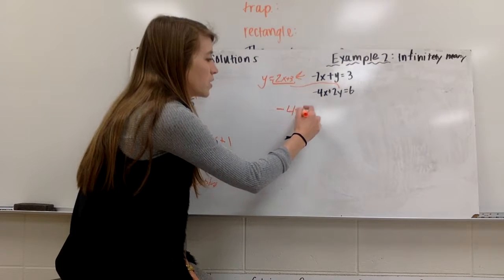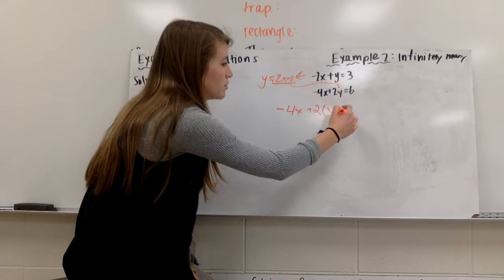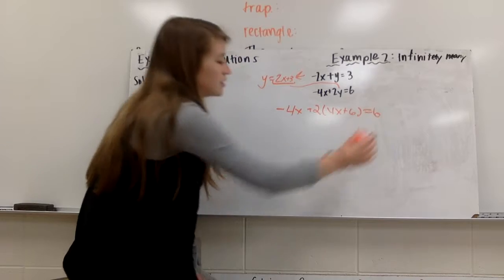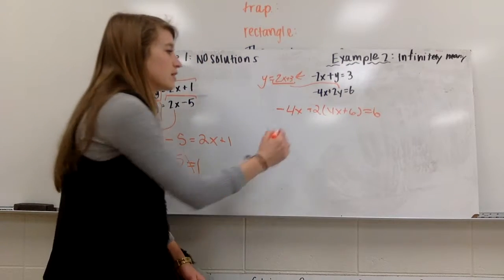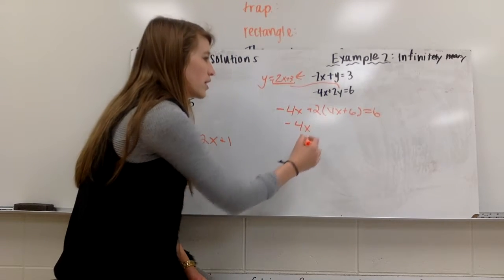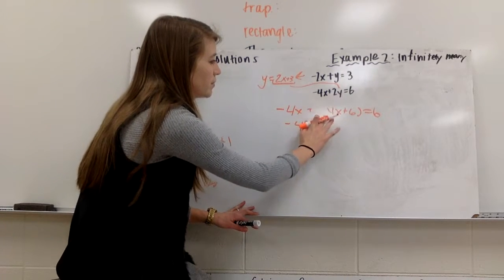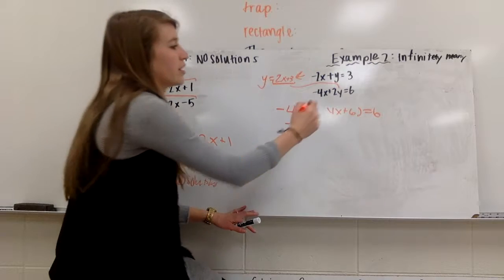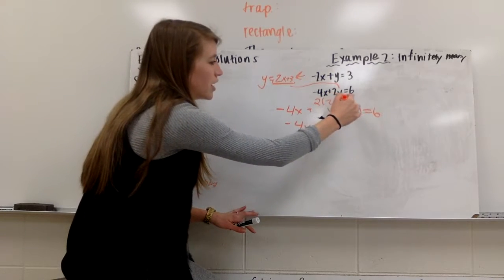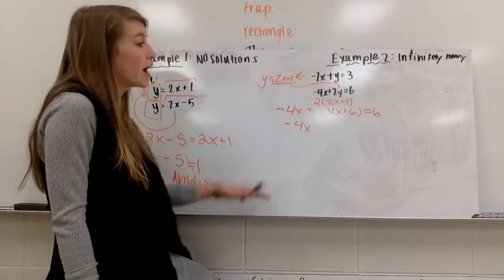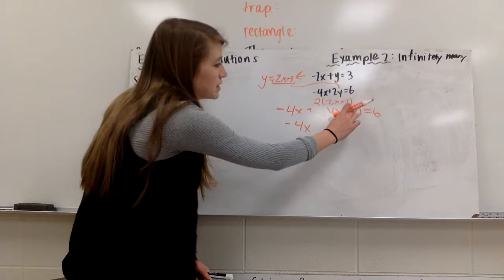That would be negative 4x plus 2 times 4x plus 6 is equal to 6. Here I have negative 4x. Sorry, I went ahead and multiplied those right away. So if we do 2 times 2x plus 3 when we substitute in y, then we're left with 4x plus 6.